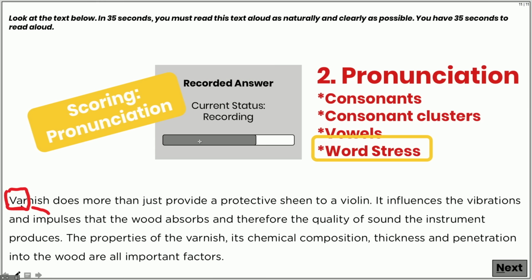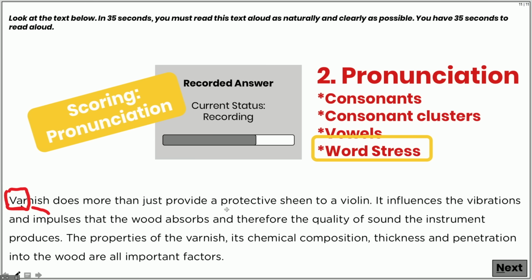If I said varNISH, and put the emphasis on the second syllable, and I said that on the street, do you have any varnish? People would not know what I'm talking about. So I have to say VARnish. I have to get the emphasis on the right syllable. If you get the emphasis on the wrong syllable, I can't understand you. English speakers will not understand you. Neither will the PTE algorithm.